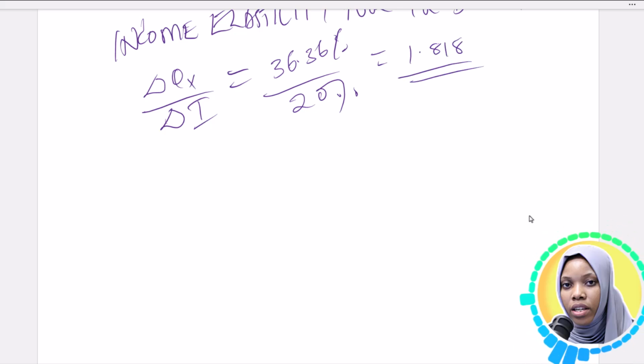That is the income elasticity. Income elasticity is 1.84 for product X.